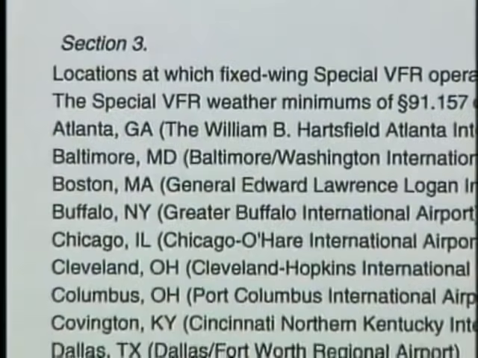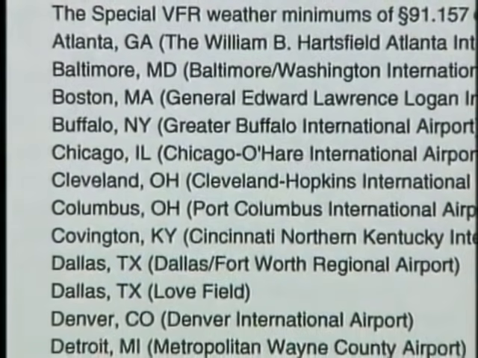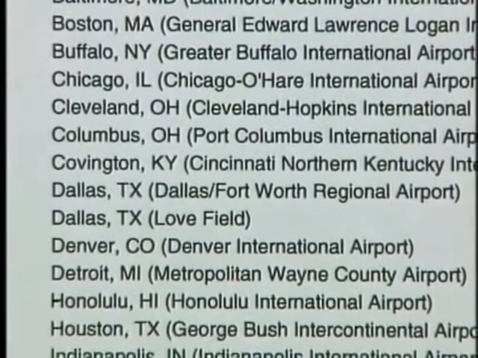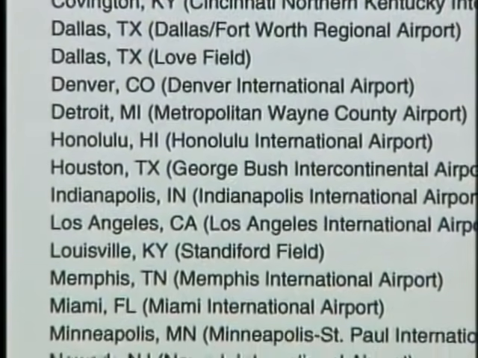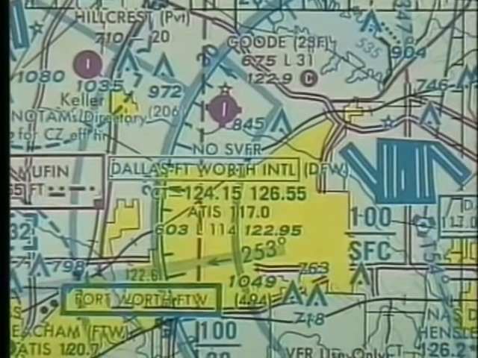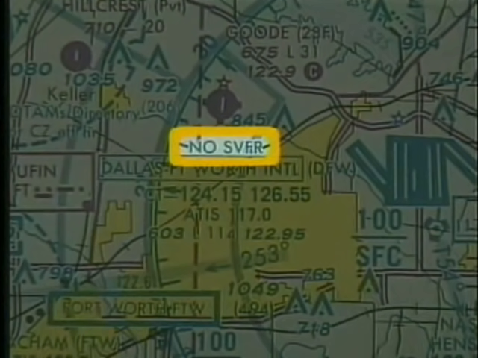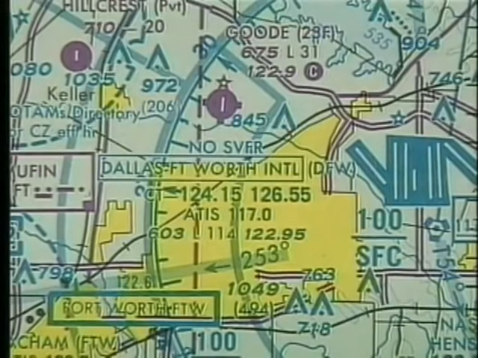You can find a listing of these airports in FAR Part 91, Section 3 of Appendix D. At airports where special VFR is prohibited, no SVFR is printed above the airport name on sectional and terminal area charts.